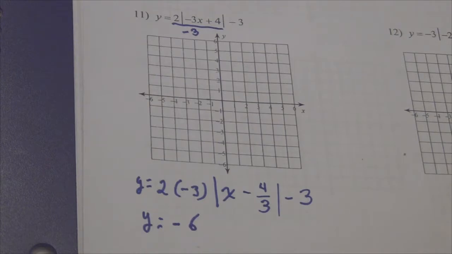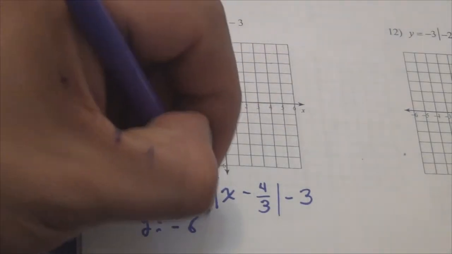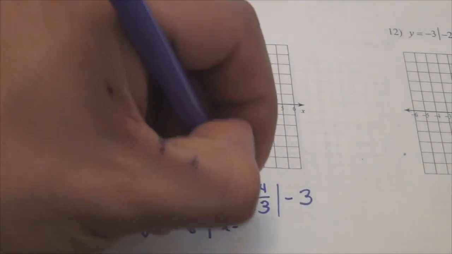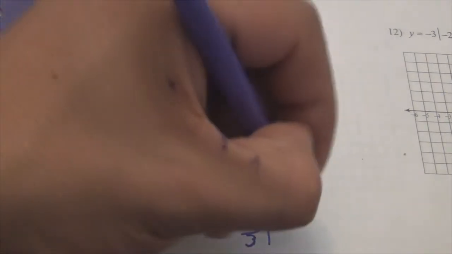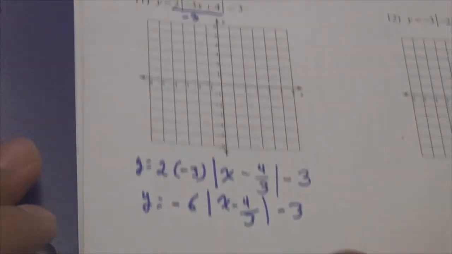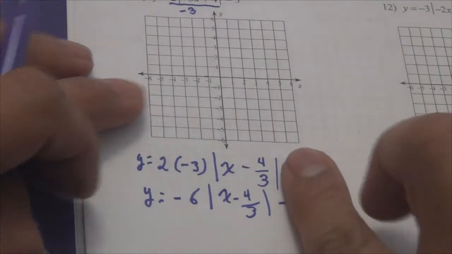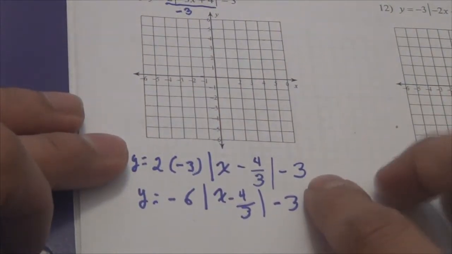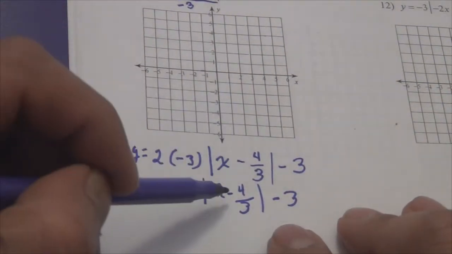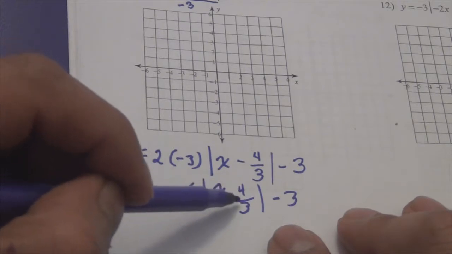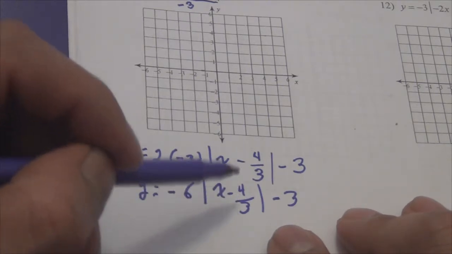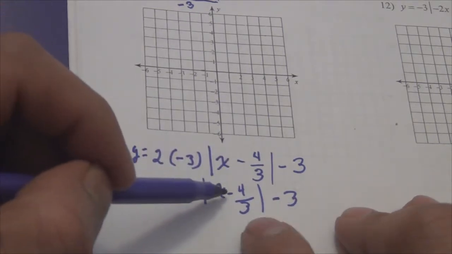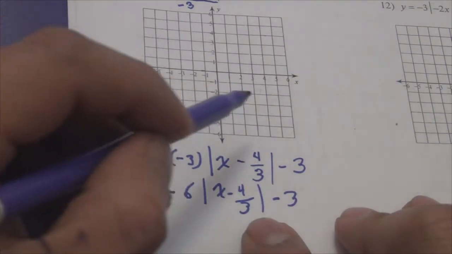Let's see now. -6, absolute value of x minus 4/3 minus 3. All right, remember you're only working with this part. This is k. So now I know that it's going to shift 4/3 units to the right, because it's the opposite of this one, to the right.